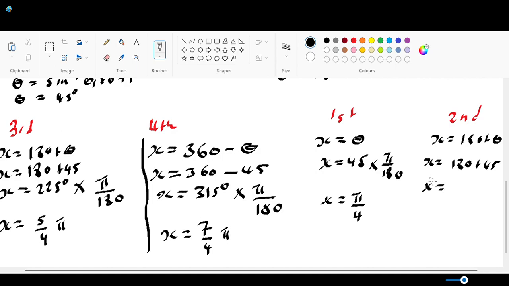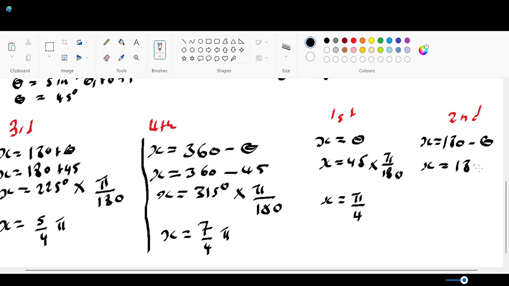So what is 180 plus 45? We get 200 and... sorry guys, I made a mistake. No, that's not how you do the second quadrant. Oh man, it's a big mistake, guys. Okay, the second quadrant, how do you represent it? It's 180 minus theta. So let's be careful about that one, guys.